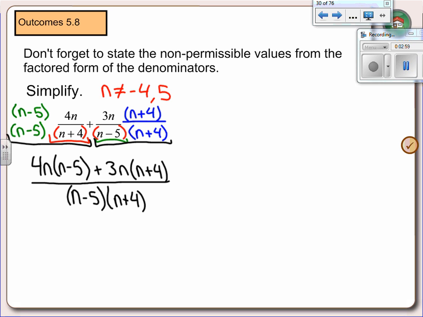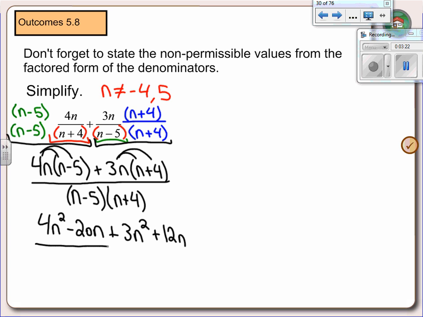The other half of the battle is to actually multiply these tops in, so that we get 4n squared minus 20n. And then this 3n is going to come into both terms, so we'll get plus 3n squared plus 12n, all divided by n minus 5, n plus 4.